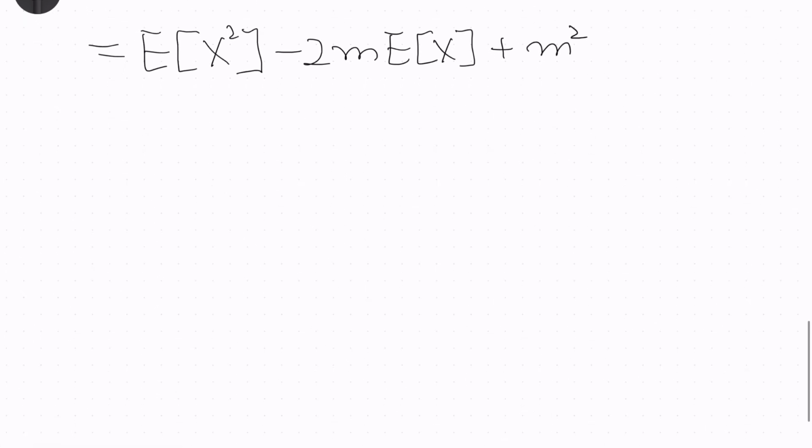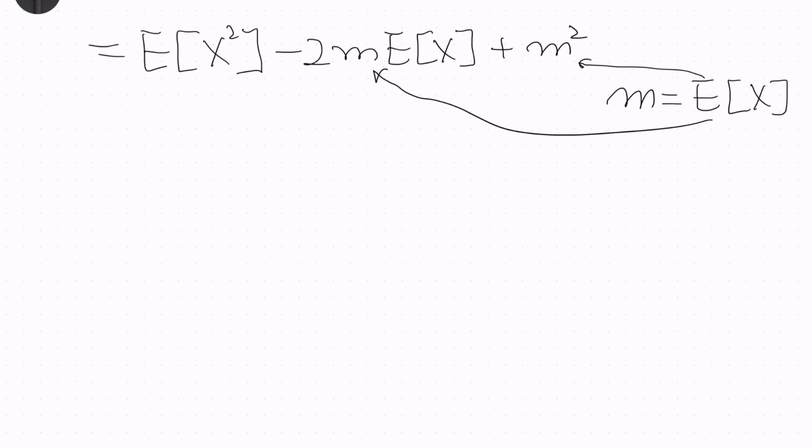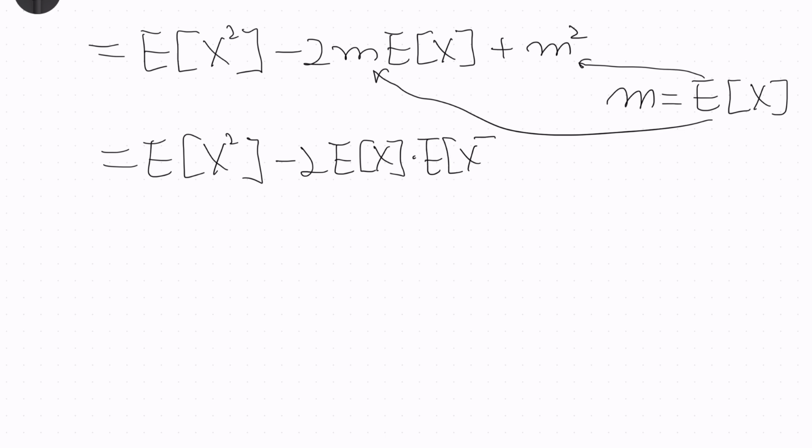And then think about what the mean is. The mean is just the expected value of x, right? So you can just replace m with that. Then what will happen is the expected value of x squared minus 2 times the expected value of x times the expected value of x, plus the expected value of x squared.